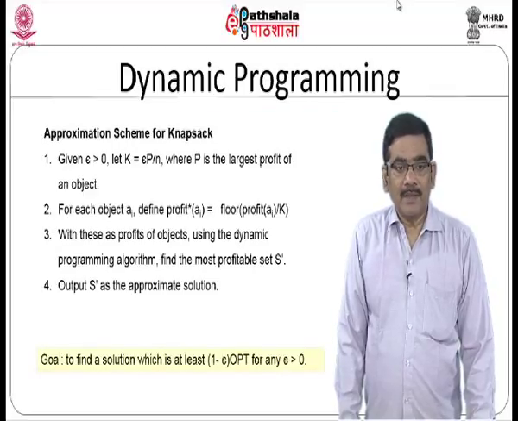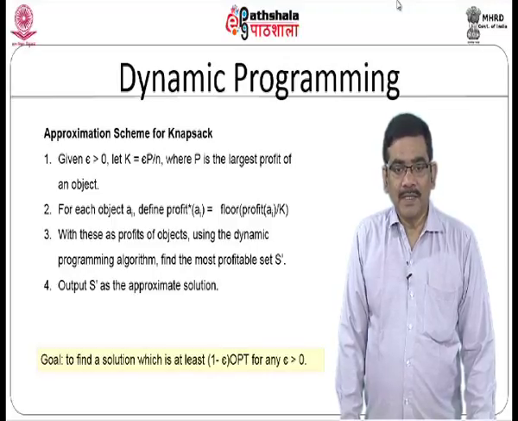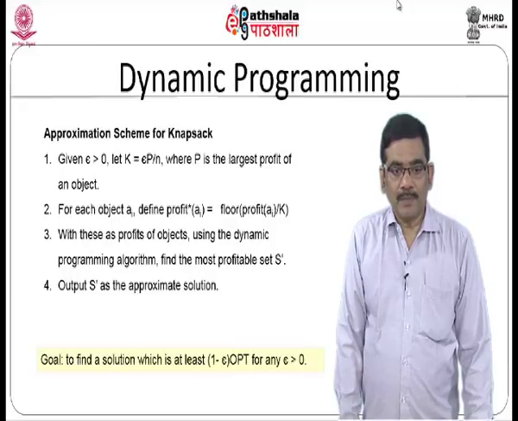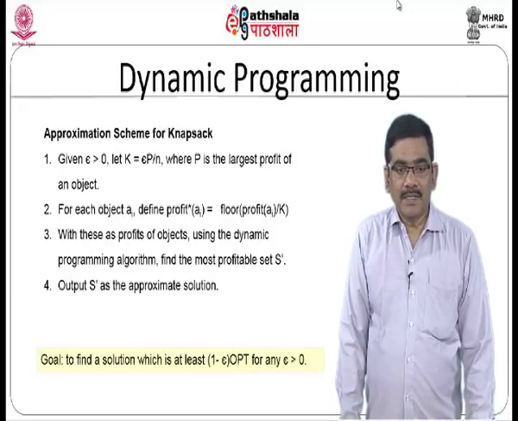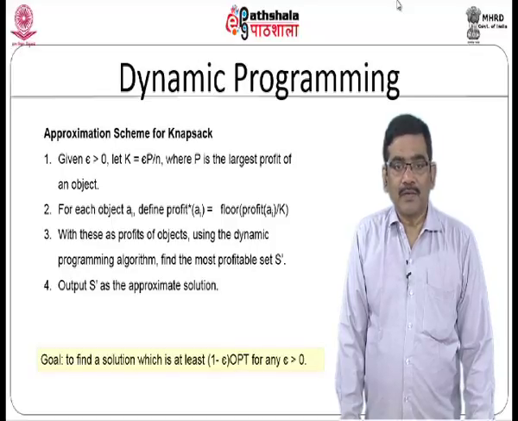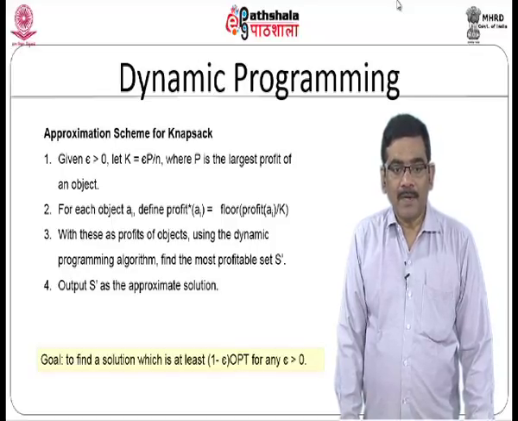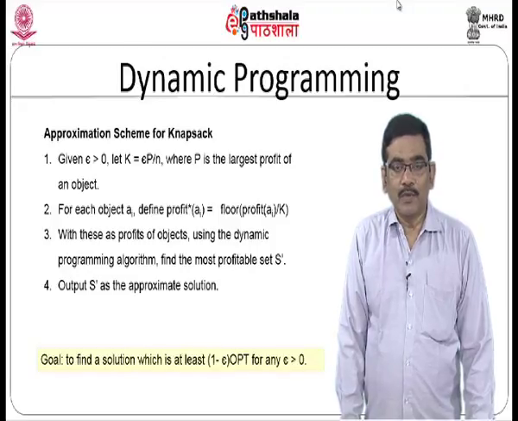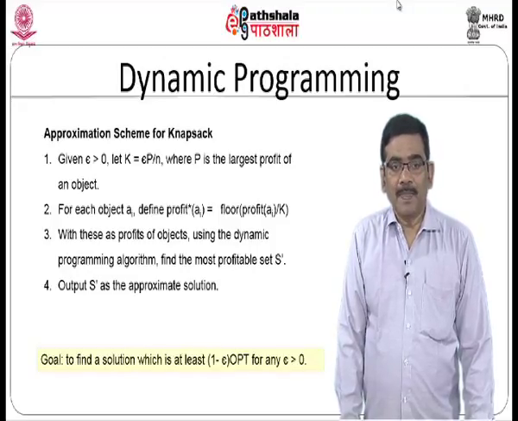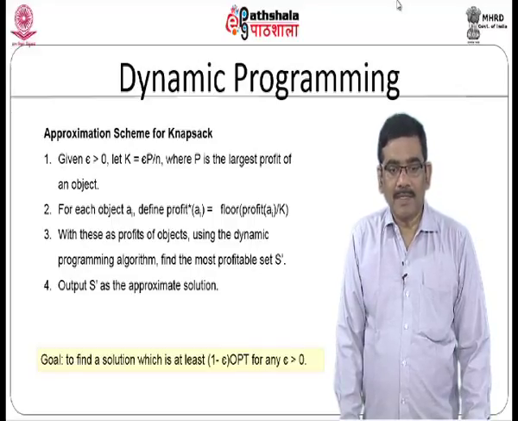So, you can see the algorithm. Given epsilon, what we are trying to do is scale the profit, where p is the largest profit of the objects. For each object you can see that the profit is also getting trimmed, and using these trimmed values we apply the conventional dynamic programming algorithm to find the most profitable set S prime, and finally we return S prime as the approximate solution.